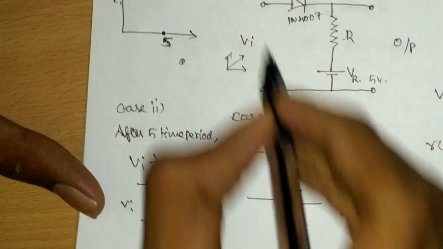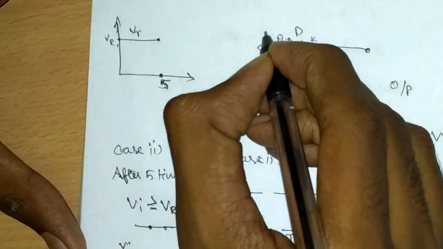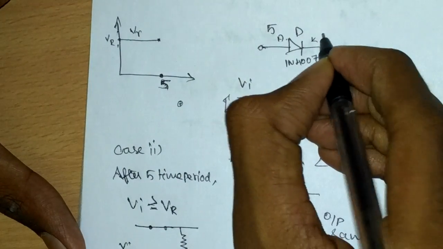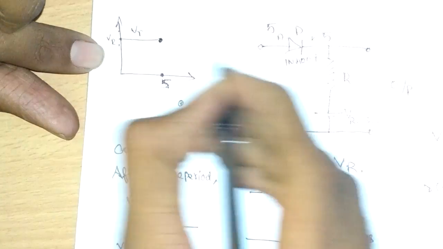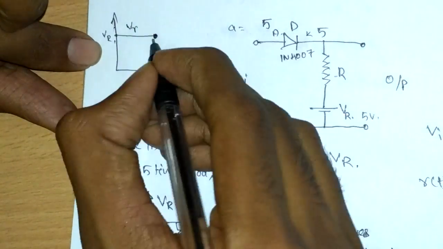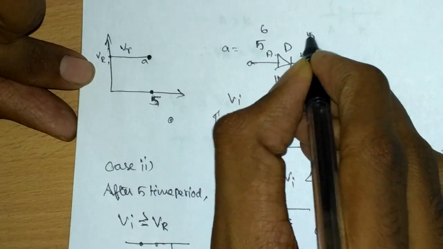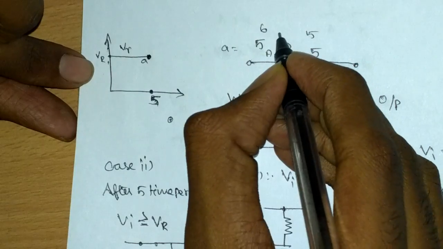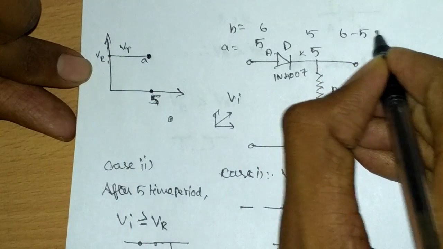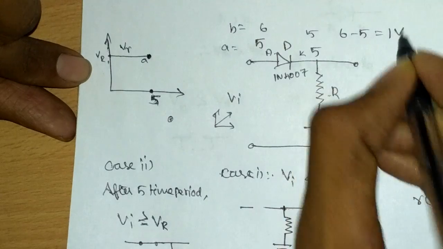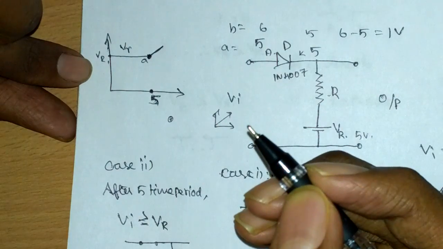So now let's look at the diagram. When Vi is 5 volt and VR is also 5 volt, it is just at the conducting point, the initial position. Then when Vi is 6 and VR is 5 volt, the difference, 6 minus 5, is 1 volt, so 1 volt of the ramp signal appears at the output.